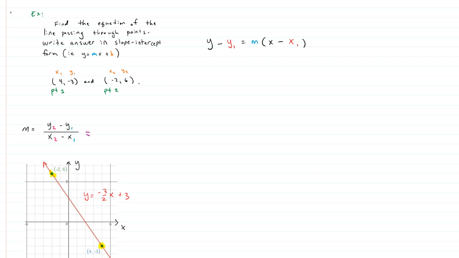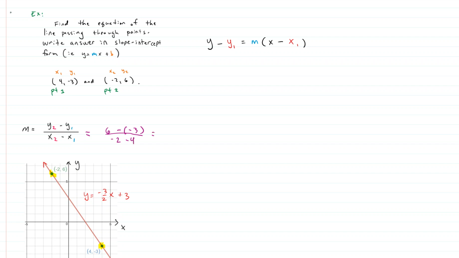So that tells us what our y1 and y2 and our x1 and x2 are. So y2 is 6 minus y1, which is -3. And at the bottom we have x2, which is -2, and x1, which is 4.